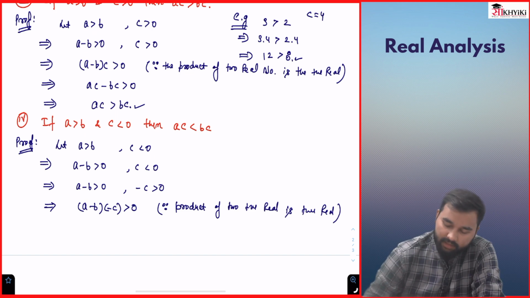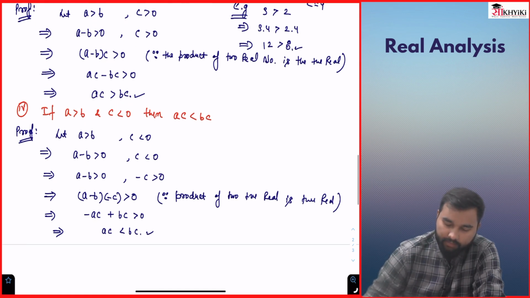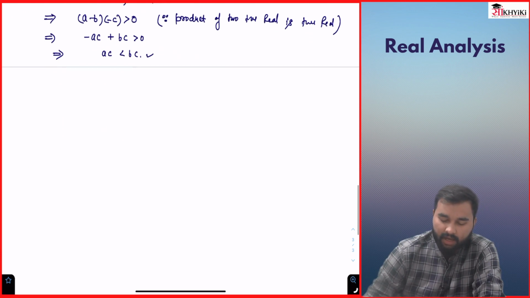The same argument. So from here we have negative of AC plus BC is greater than 0, and from here we can say that AC is less than BC. I hope it is clear.